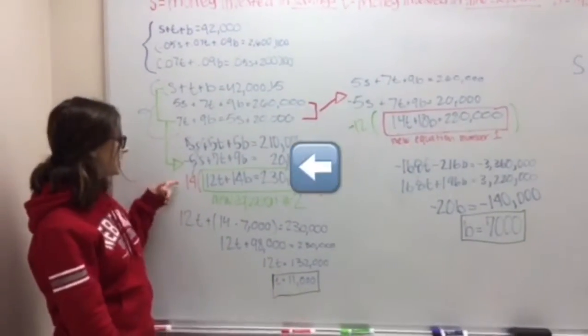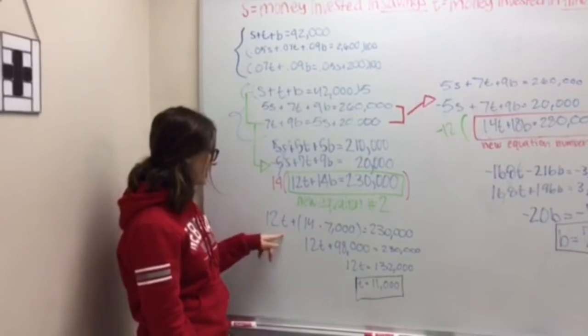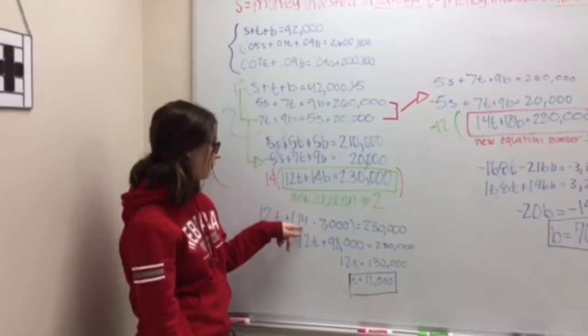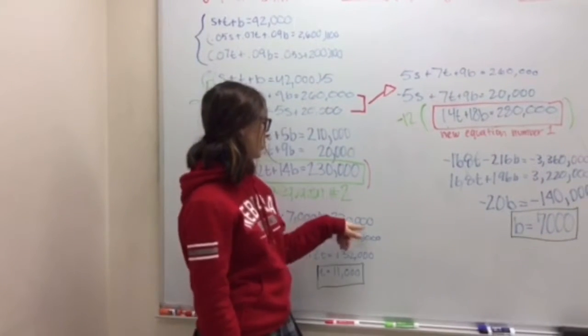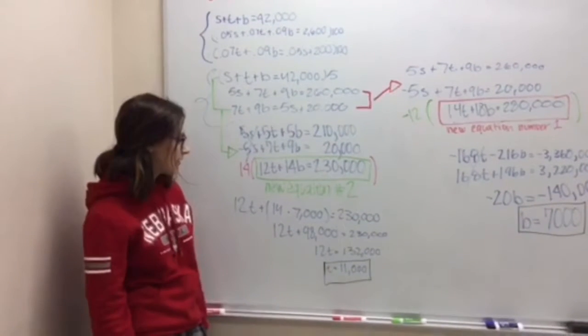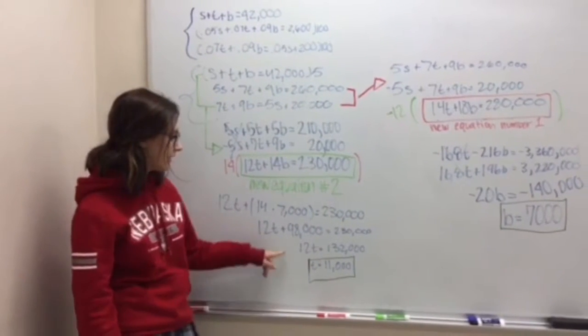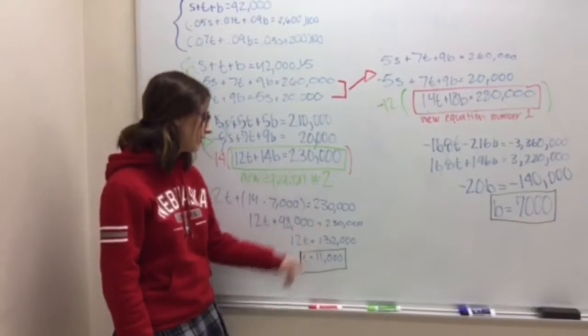We're going to plug it into new equation number 2, and we get 12t plus 14 times 7,000 equals 230,000, and we get 12t plus 98,000 equals 230,000, and then we just get 12t, and we're going to subtract 98,000.